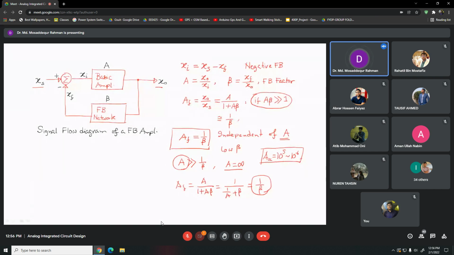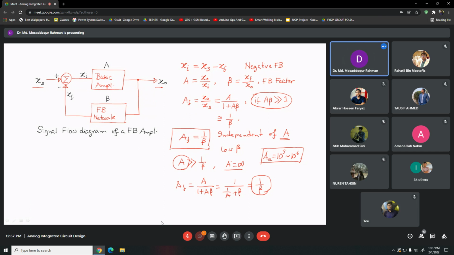That is the main reason why the op-amp comes with such high gain, in order to satisfy the condition that A beta is much larger than 1, so that the overall gain is completely independent of the gain of the amplifier and is determined only by the feedback network, this beta.